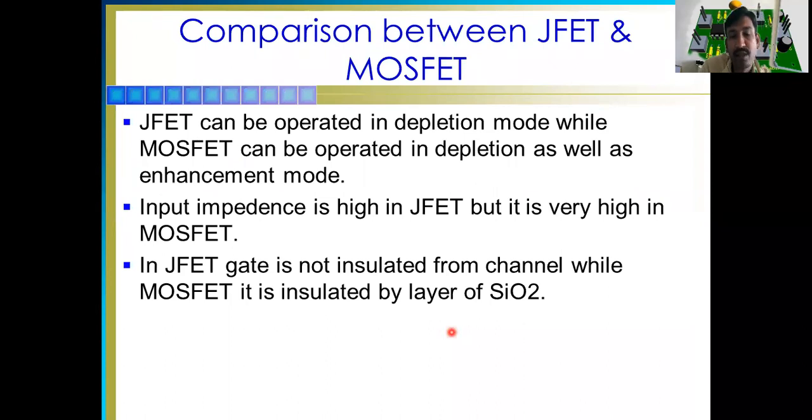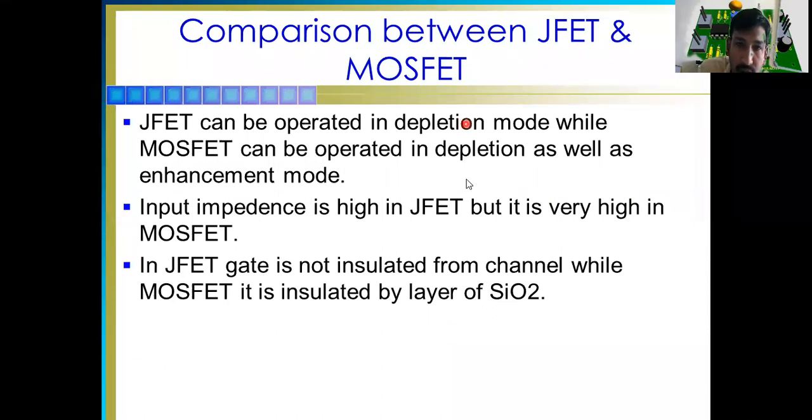JFET input impedance is high, but it is very high in MOSFET. The drawback of JFET is its temperature effects and parameters, so for a better way we went to MOSFET. MOSFET is the advanced version of FET, right? So we are just comparing them. Input impedance is high in JFET, but it is very high in a MOSFET.